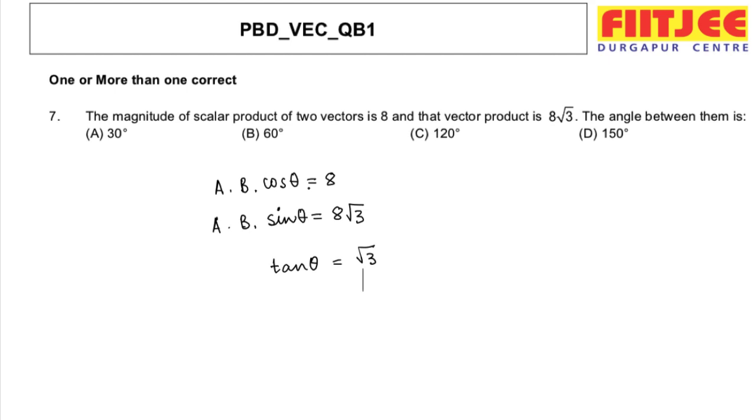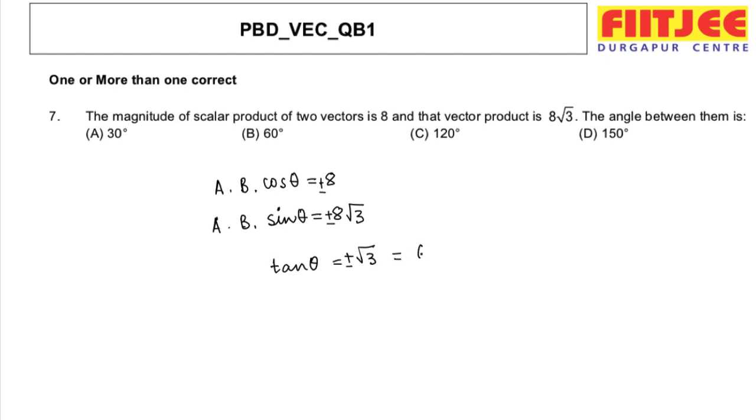Magnitude is 8 and 8 root 3 means that the actual product may be plus or minus. So tan theta can be plus or minus root 3.